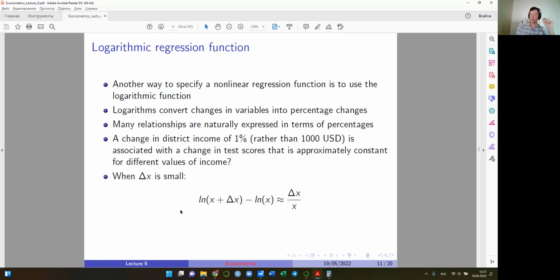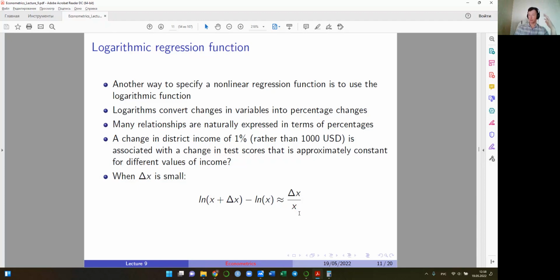Moreover, this is used in many, many applications: in finance, in economics and econometrics. We approximate the percentage changes in the variable with the logarithm. Basically, if we take the logarithm of x plus delta x minus the logarithm of x, this difference in logarithms is approximately equal to the percentage change in the variable x, so delta x over x.